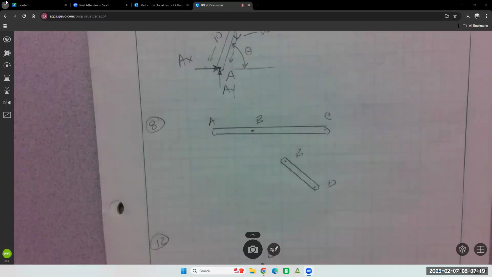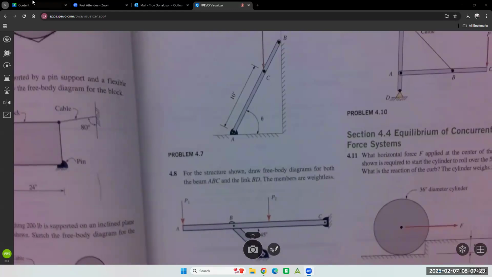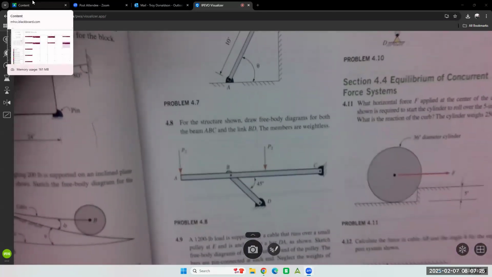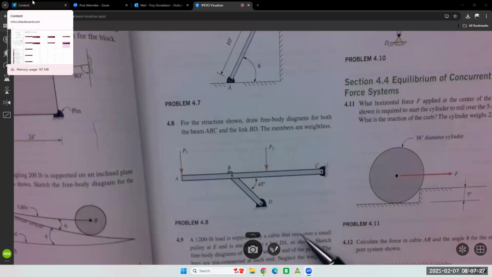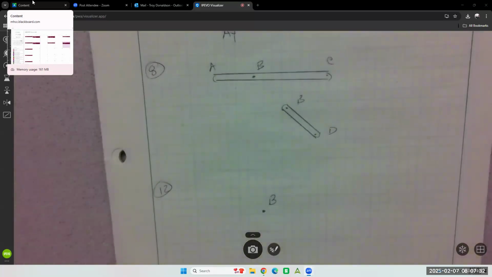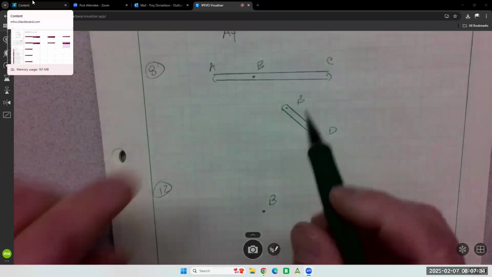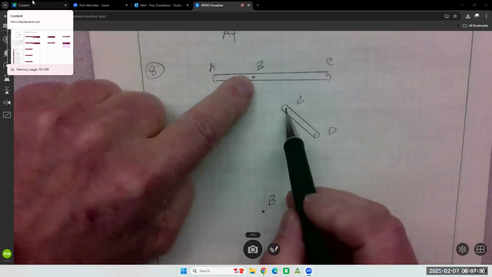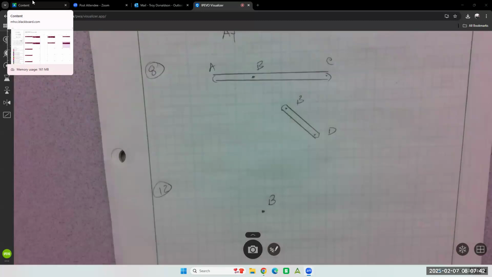The problem gave us this thing down here, right? So I tried to keep this in position, just drop it down. Label everything. There's 2 point Bs, one on ABC and one on BD. They're the same point. I have just taken it apart.